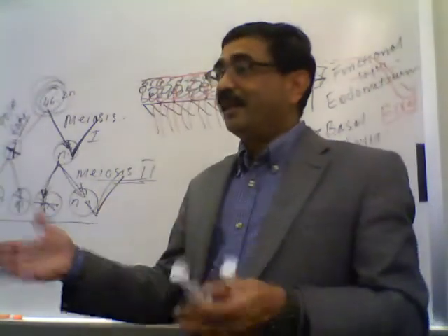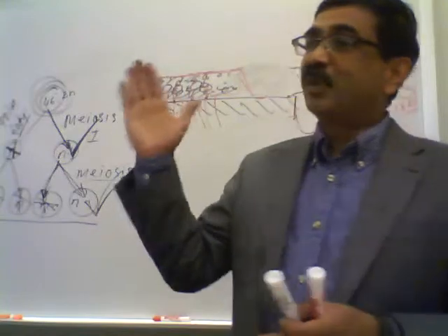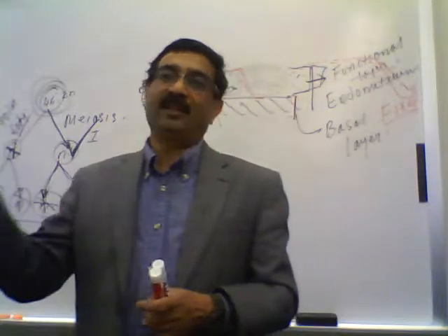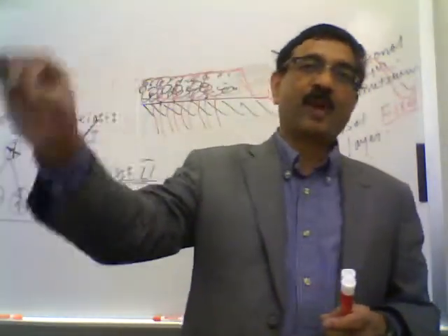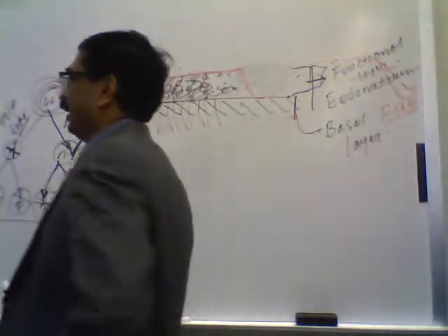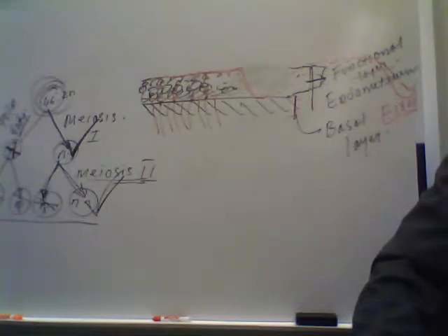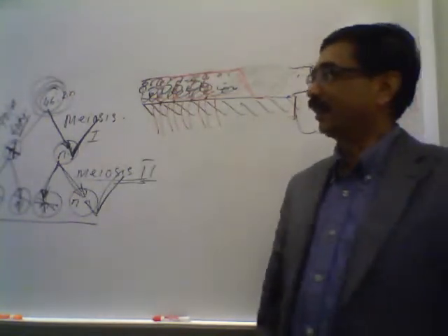Then again here, interestingly, meiosis 2 will start but will not be completed until the sperm fertilizes the egg. So you see here, meiosis 1 and here meiosis 2. But meiosis 2 will be completed when the sperm gets attached to the egg. Then meiosis 2 will be finished. So that is another interesting thing.